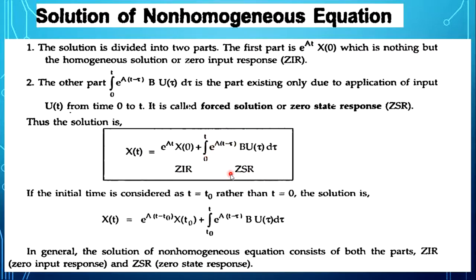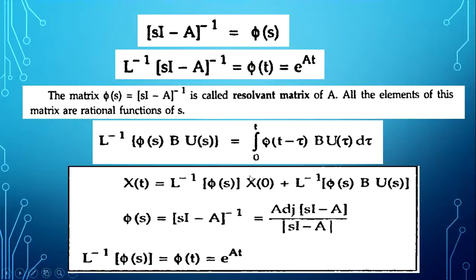Now we will discuss how to obtain the ZSR, the zero state response. The zero state response, the integral from 0 to t of phi of (t minus tau) B u of tau d tau, will be obtained by L inverse of phi of s, B matrix into U of s.